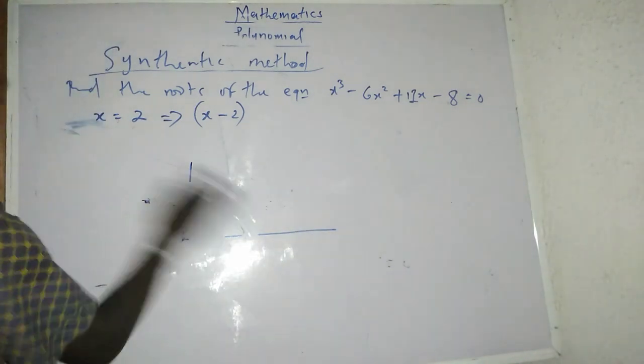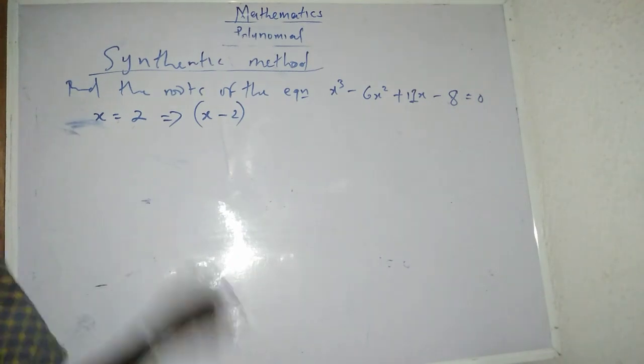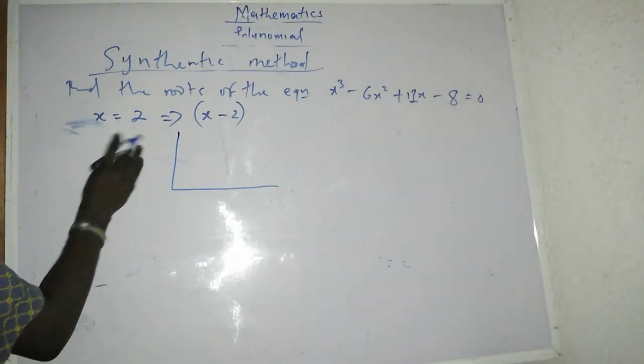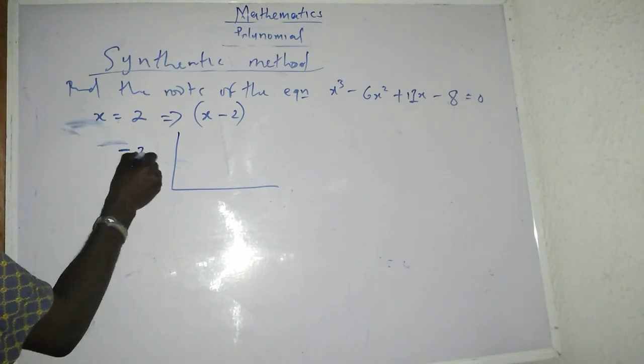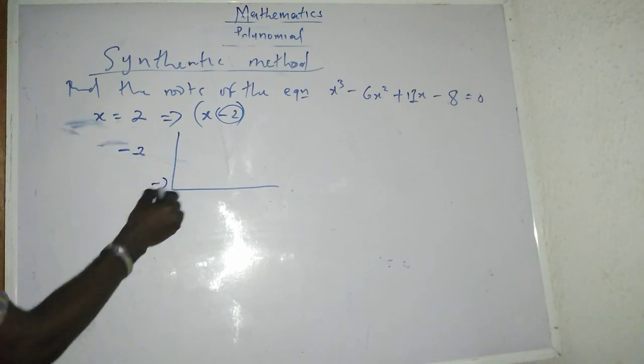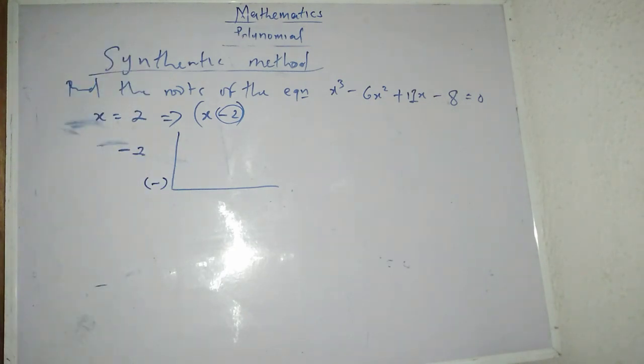Now, x minus 2, so I have 2 here, and the minus will be here because I'm subtracting.